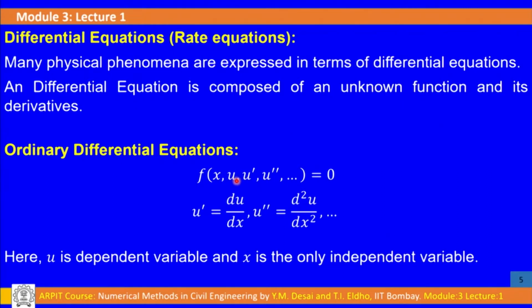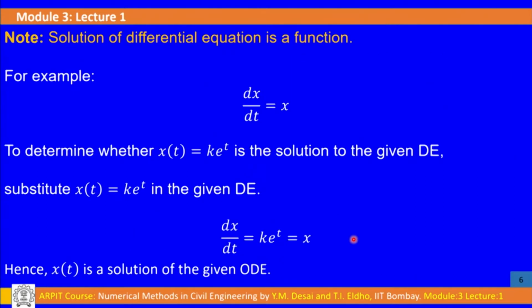We have not only the function, but also one or more of its derivatives, as shown here. So u is the dependent variable and x is the only independent parameter. The solution of a differential equation, unlike an algebraic equation, is a function.